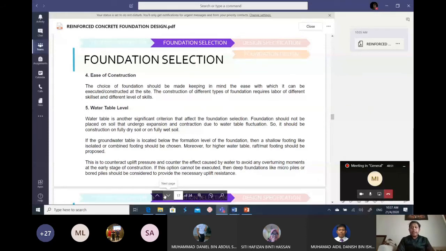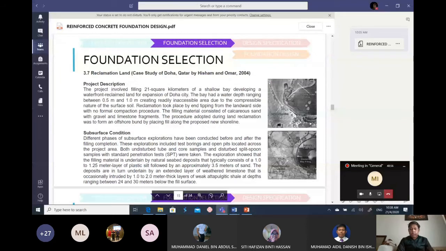Okay, so for example, in this case, this is the shallow water area, at Qatar, and this is the fill up area. In this case, the project involves filling 21 square kilometers of a shallow bay, developing a waterfront reclaimed land for expansion of Doha city.